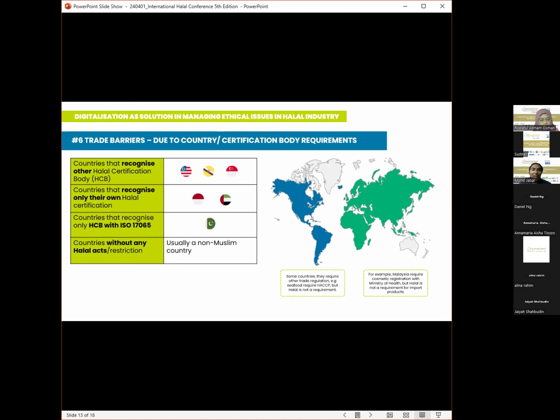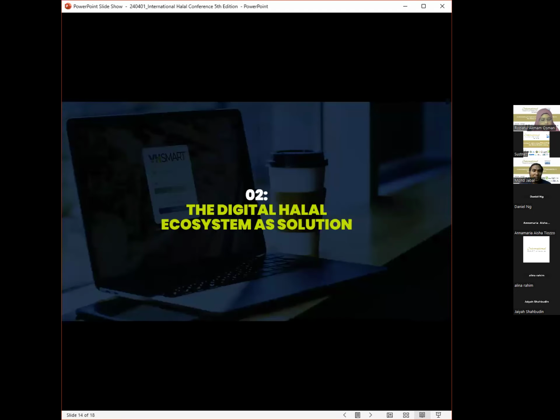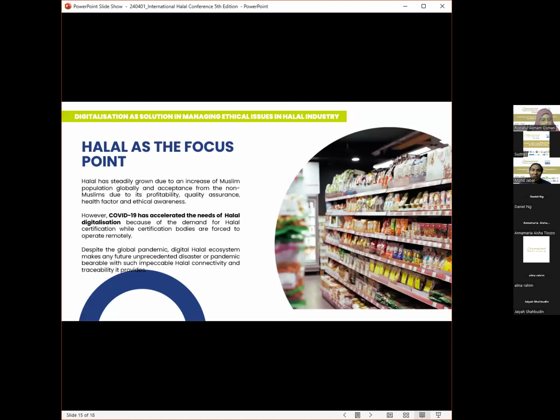All right, and this is the best part: countries without any halal acts or restrictions. Commonly these are non-Muslim countries, but they have a high Muslim population where the need for halal products is still there.